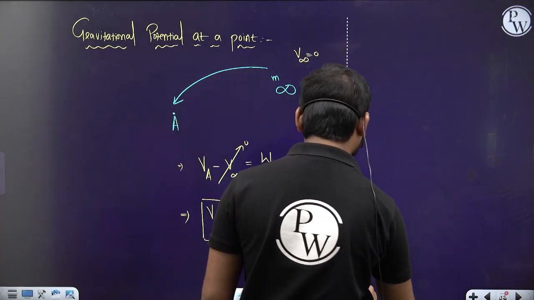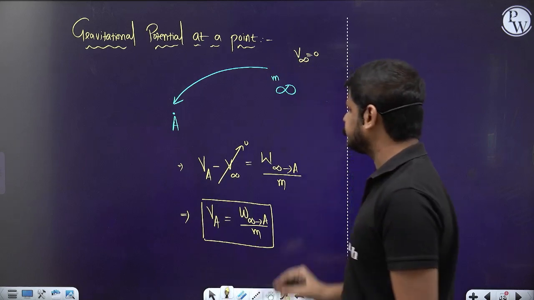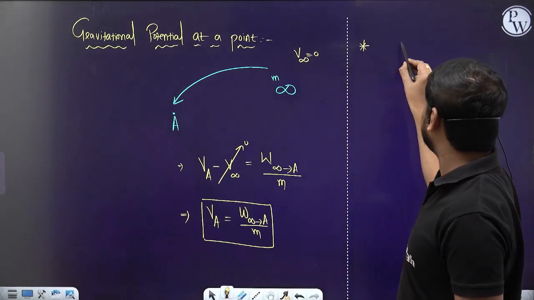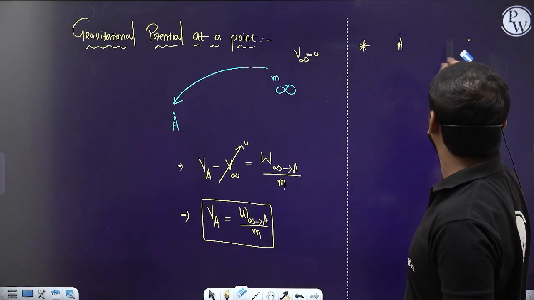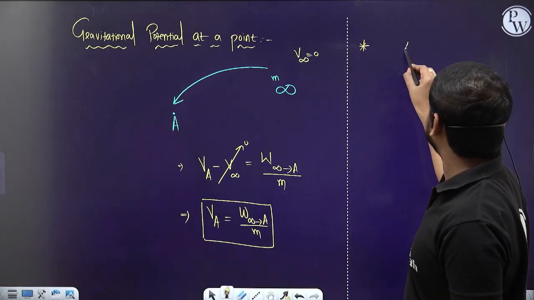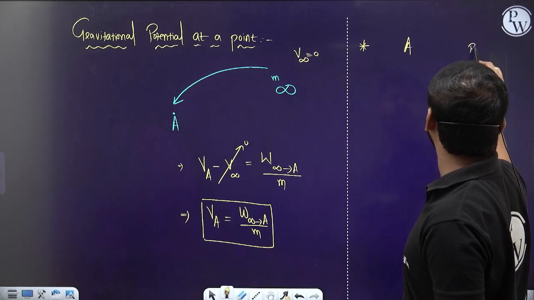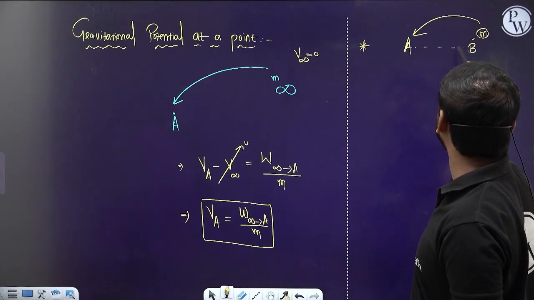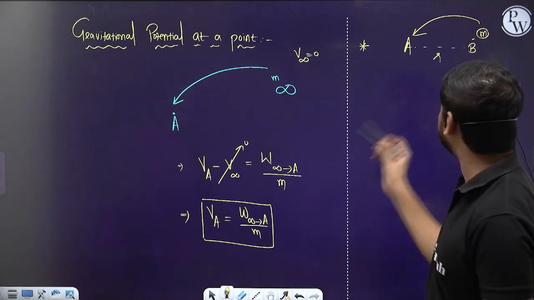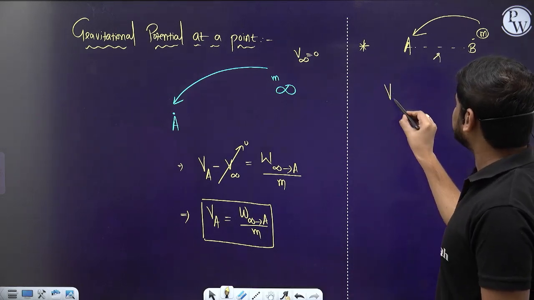Potential difference is when two points are at a certain distance. Let's suppose A is one point and B is one point, there is mass at B, and you are bringing it to A, where A and B are at some finite distance. Then what is the potential difference?